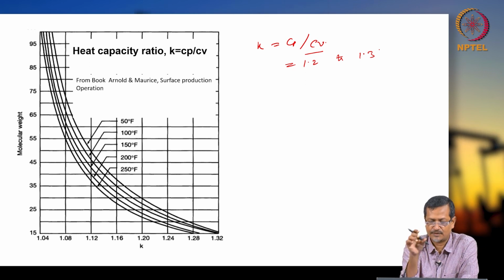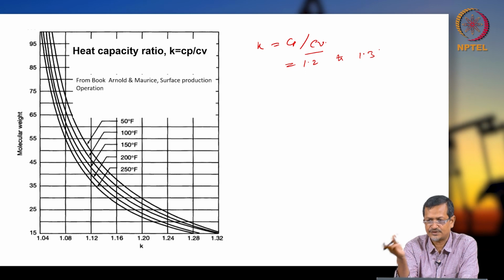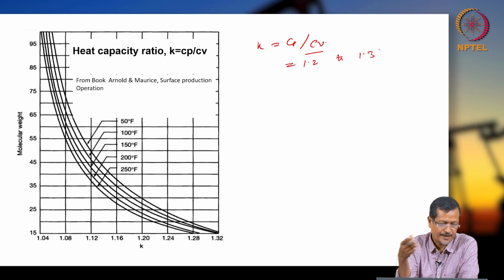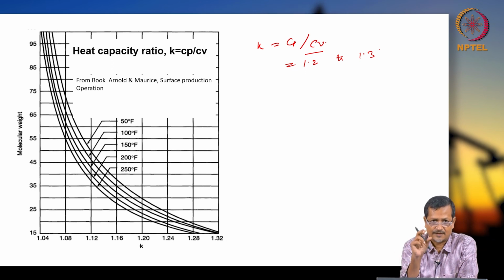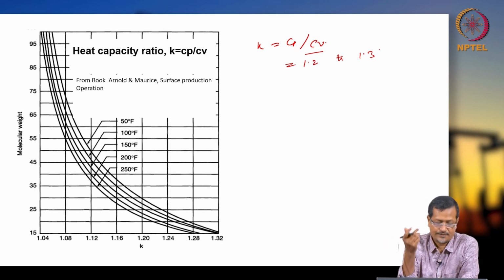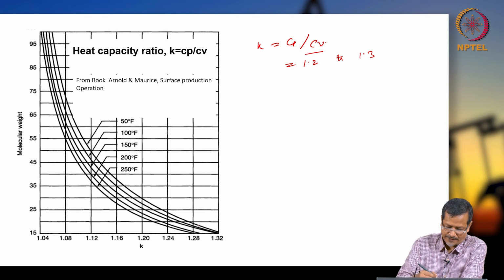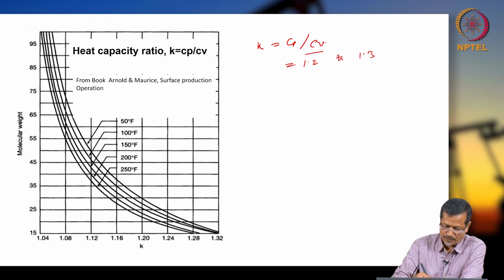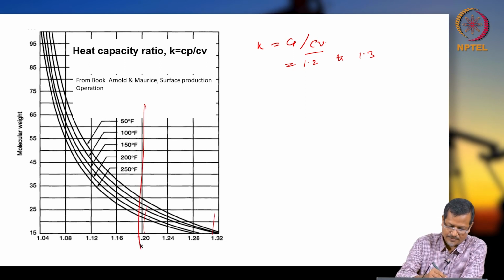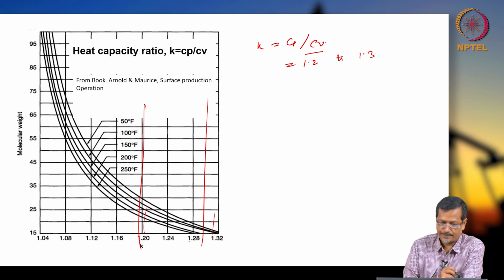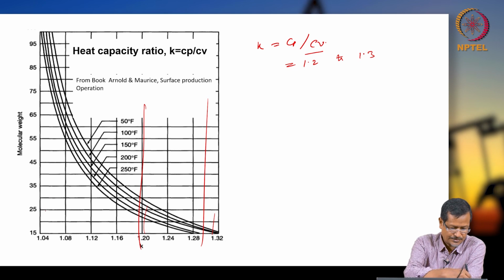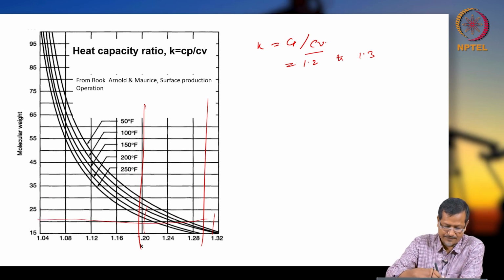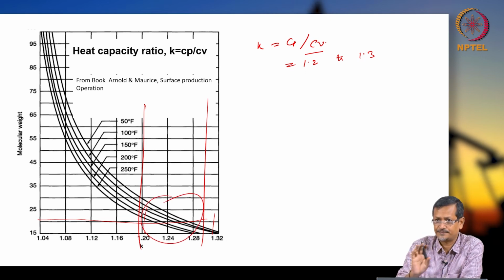If short chain hydrocarbon is there, the K value will be different; if long chain hydrocarbon is there, the K value will be different, and molecular weight also depends on the number of carbon atoms in the molecule. So normally it is like 1.2 to 1.3. Within this range our K value will remain. This will be our zone actually.